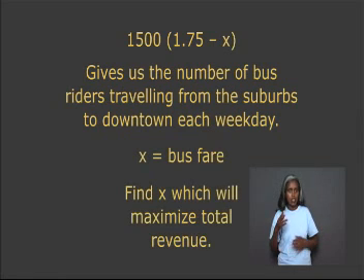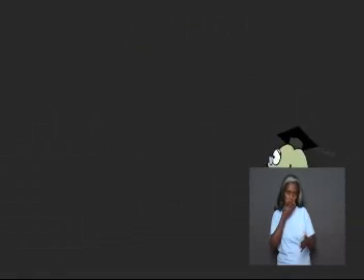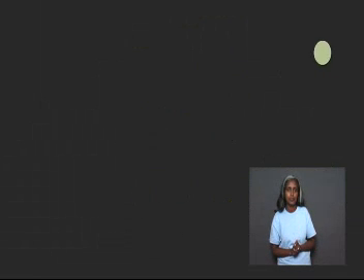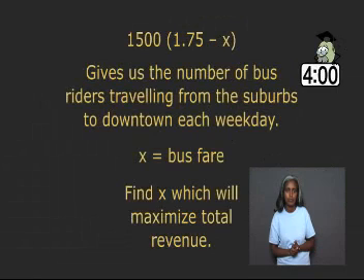Using this equation, please find the value of x which will maximize total revenue. In this case, x represents the bus fare. Working with a partner, please try your best. Students, let's get ready. Begin.